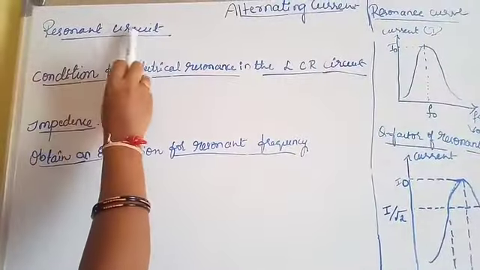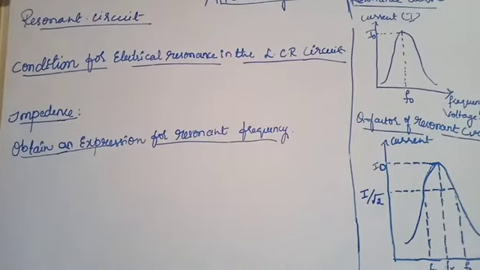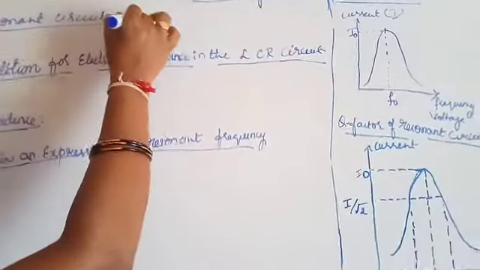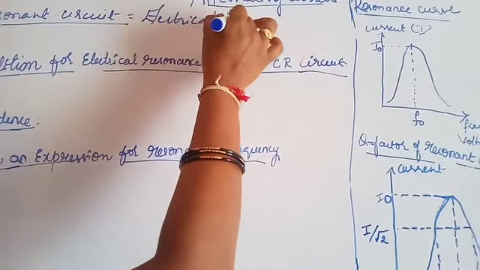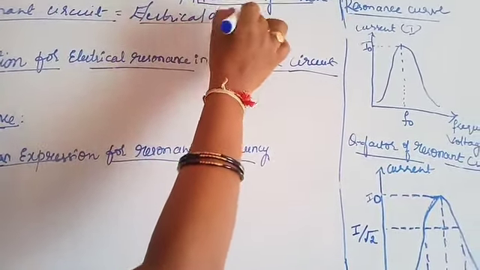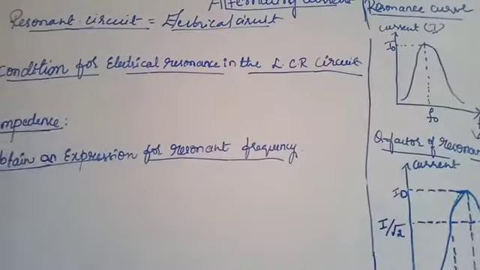That we call a resonant circuit. The resonant circuit is also called an electrical resonant circuit, so both have the same definition.